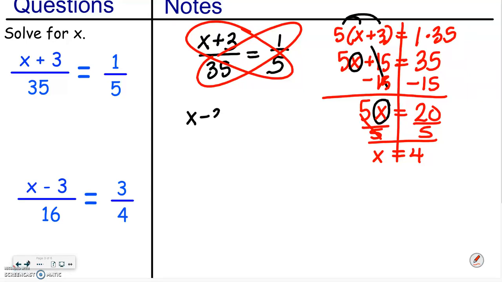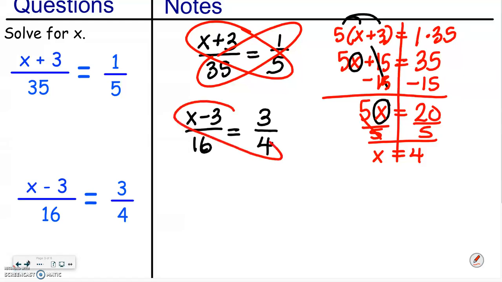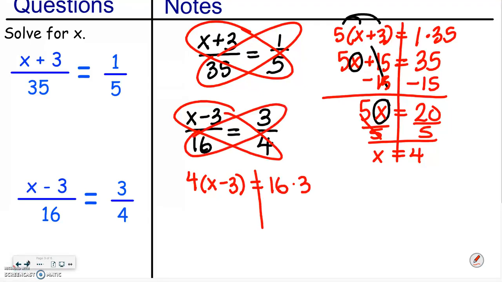Last one of this type, x minus 3 over 16 equals 3/4. First cross product, 4 times x minus 3, and it equals 16 times 3, which is 48.